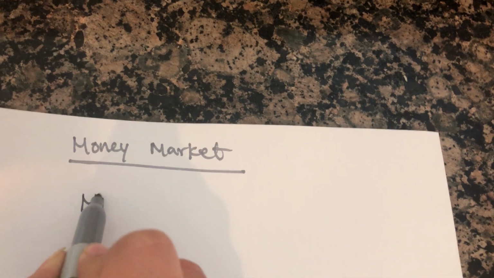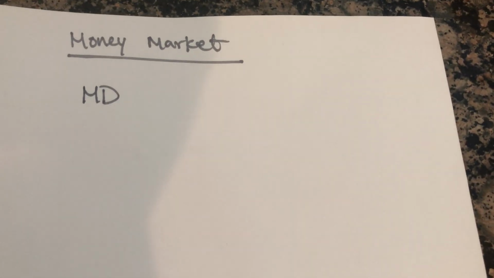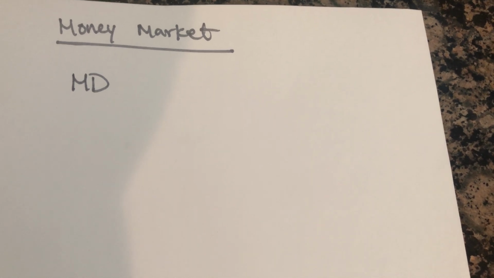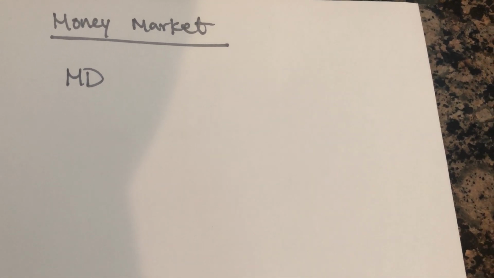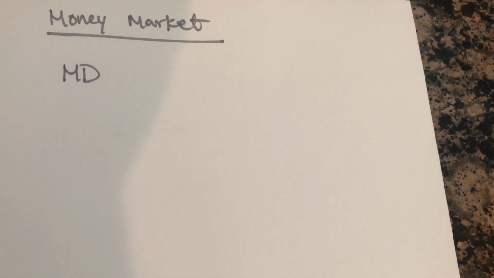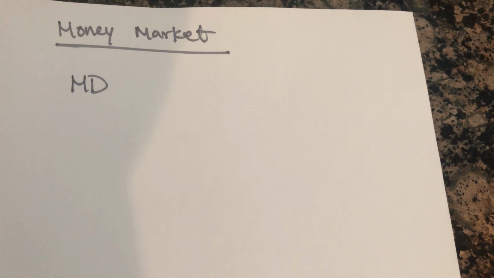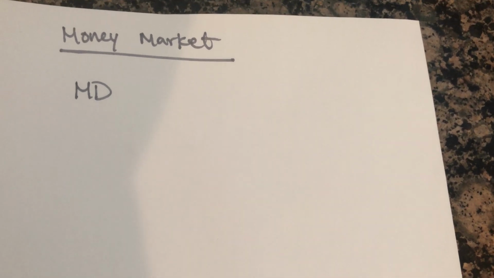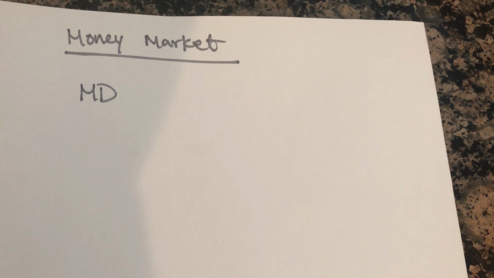Demand for money, or MD, shows the relationship between the price, which, again, I'm repeating, is the interest rate in this market, and the quantity. If you remember in chapter 3, we distinguished between the quantity that consumers want and demand and the quantity that producers supply. It's the same thing here.